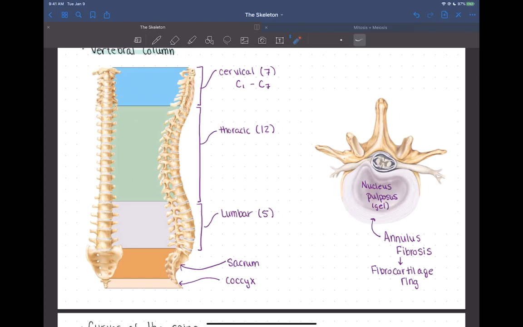And then the lumbar curve here develops when the baby starts to stand and walk. As the baby uses those muscles and puts weight on the spine from standing and walking around, this lumbar curve develops. Those are secondary curves because you're not born with them. So, primary curves and secondary curves.